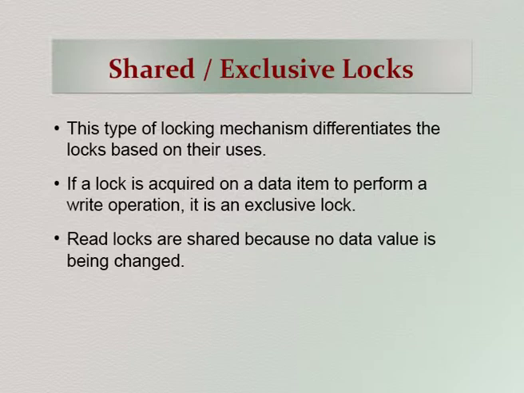So, this is an exclusive mechanism wherein other transactions can't share. In read locks you do not have updates or write operations, it is just reading the data item from the database. So, read locks are shared because no data value is being changed. There you can issue a shared lock, but at the time of a write operation it will issue an exclusive lock to write.